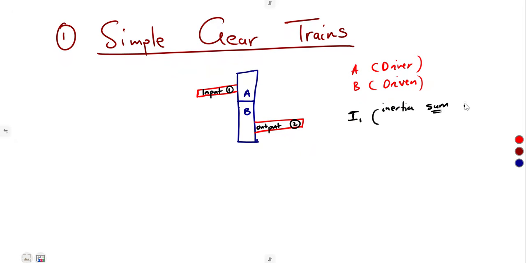That is the sum of all components on shaft 1, which is what we have on the input.